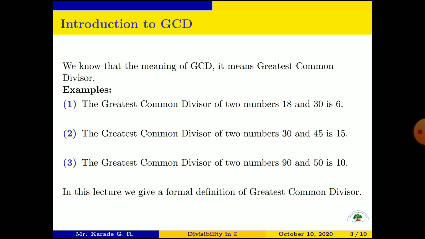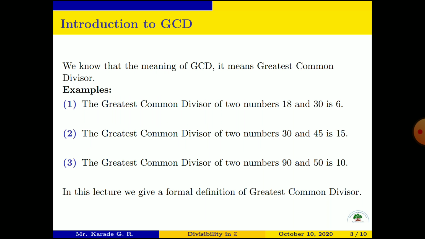We know that GCD means greatest common divisor, and we generally find the greatest common divisor of two or more than two integers. For example, the greatest common divisor of two numbers 18 and 30 is 6.